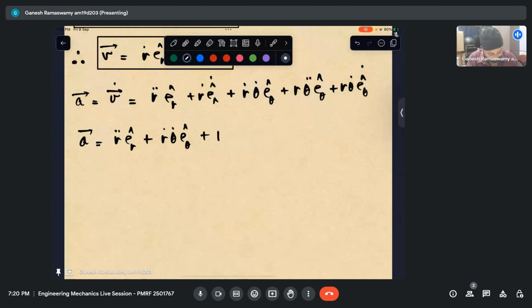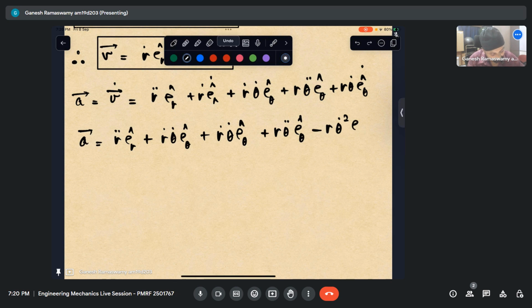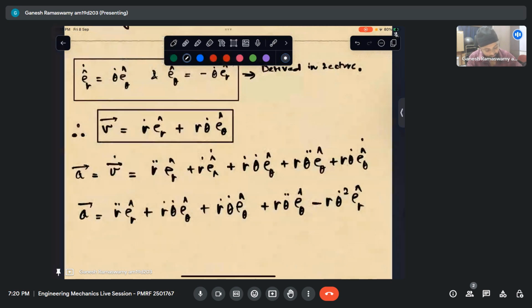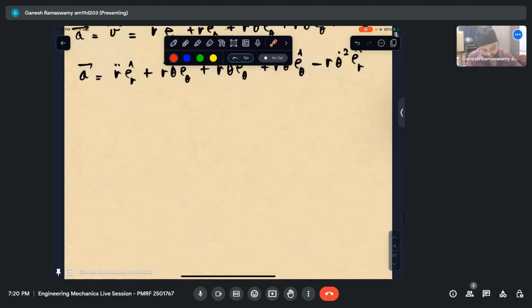We can see that these two terms are same, so they'll get added up, plus r theta double dot e_theta minus r theta dot squared e_r. How did this come about? Because the time derivative of this is minus theta dot e_r. And these are derived in lecture. It can be derived trivially, but I'm refraining from doing that for the sake of brevity.